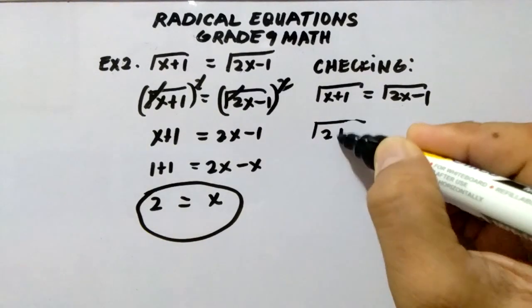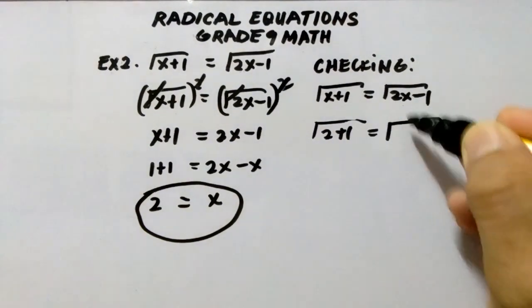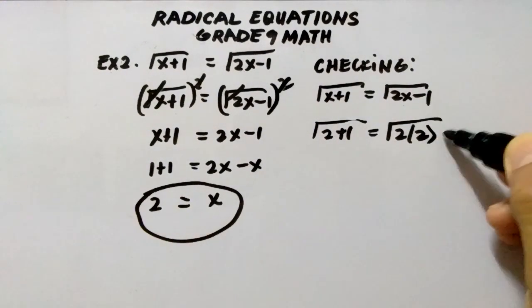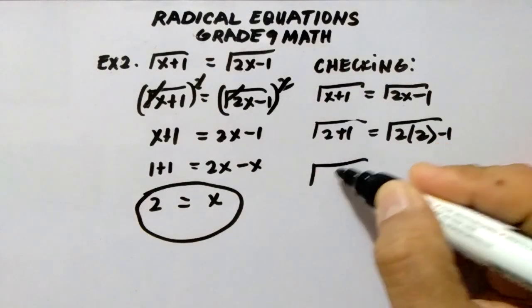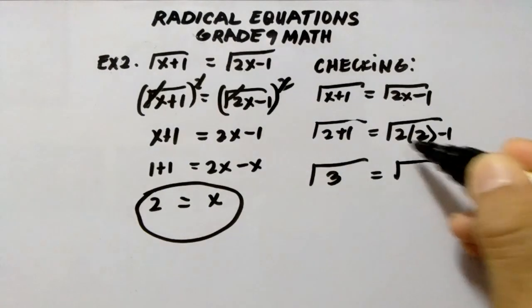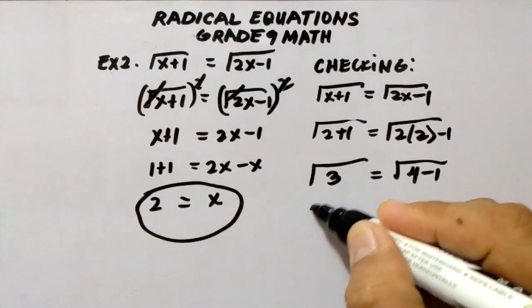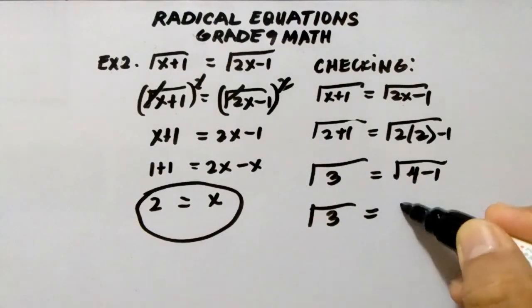So we have square root of 2 plus 1 is equals to square root of 2 times 2 minus 1. Then, square root of 3 is equals to square root of 2 times 2, that is 4, minus 1. So, square root of 3 is equals to square root of 4 minus 1, that is 3.